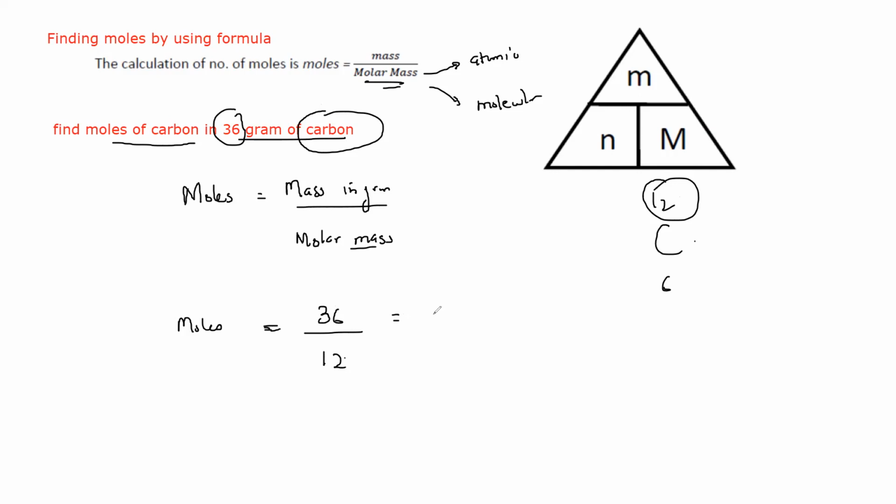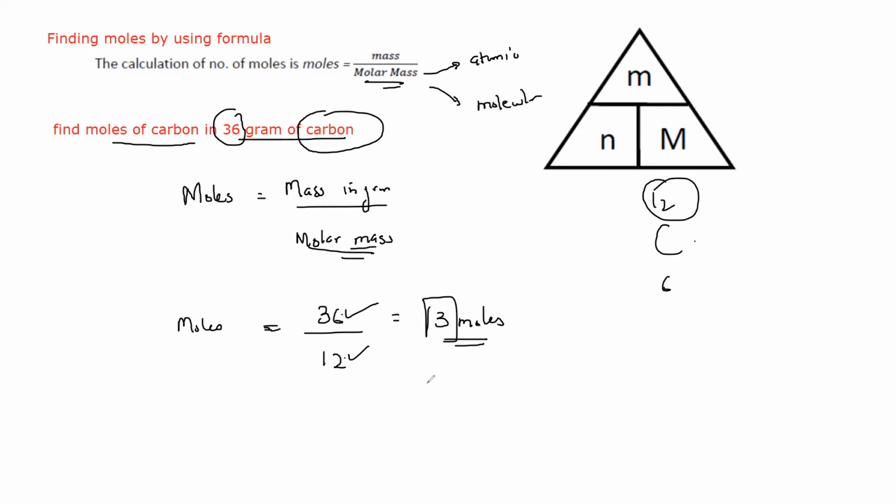So if 36 is divided by 12, what we will get? We will get 3 moles.